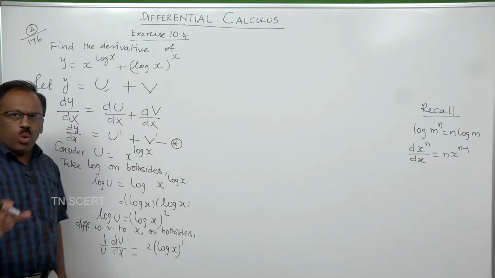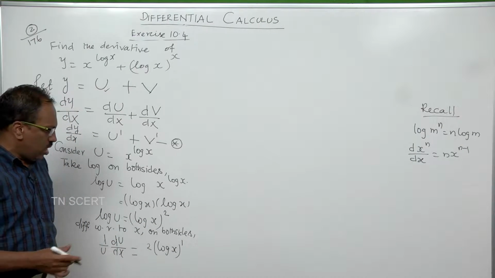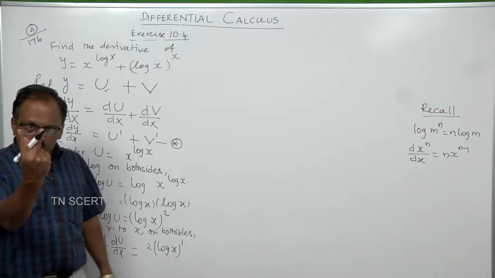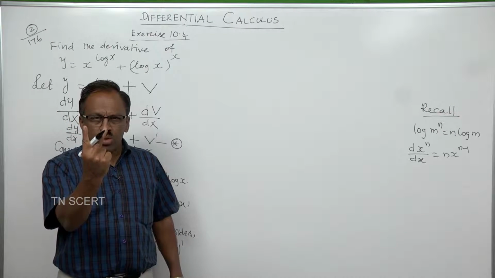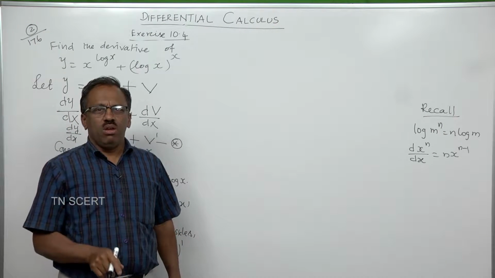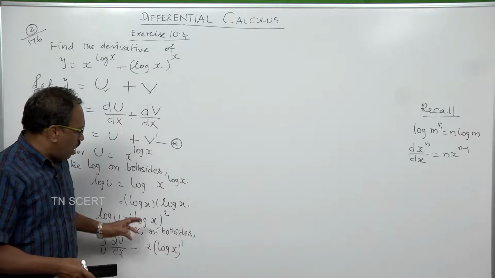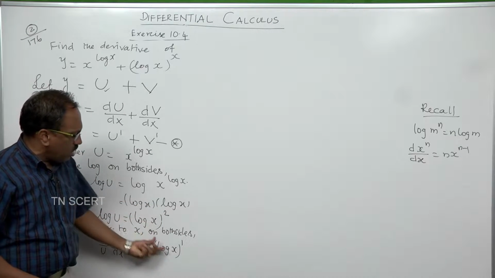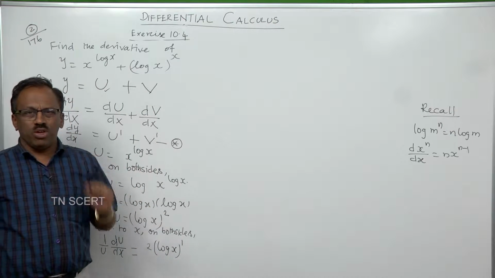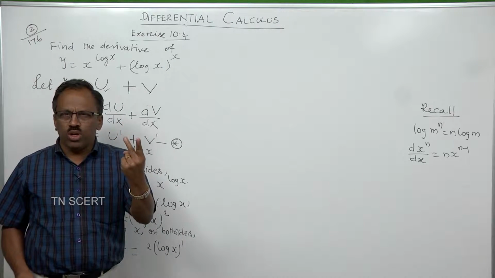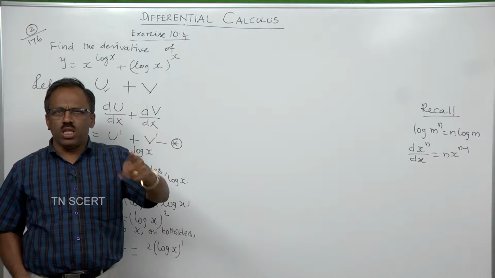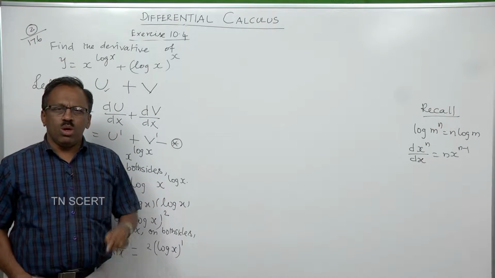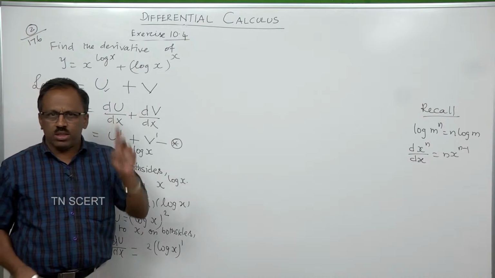But is it over with that? Not yet, because this involves two terms: function of function. Already this is x power n, and again log x is a logarithmic function. Now it involves two functions, one algebraic, another logarithmic. What is the differentiation of log x? 1 by x.